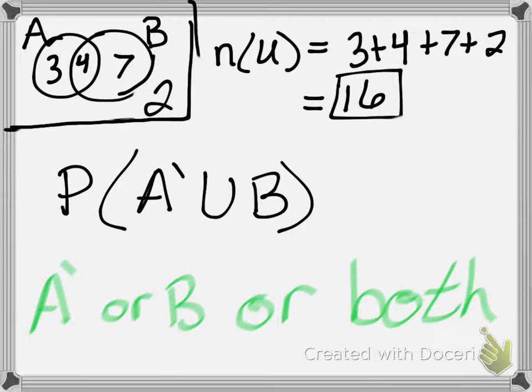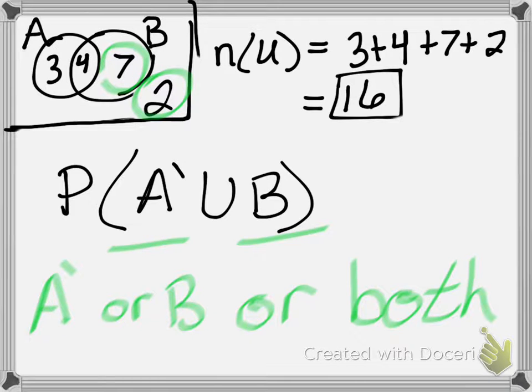So let's go ahead and circle everything we know that focuses it. Let's just look at not A. What numbers are not in group A? And that's the 7 and the 2. So those are going to be used.